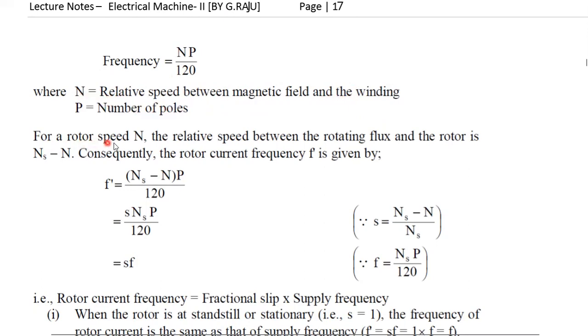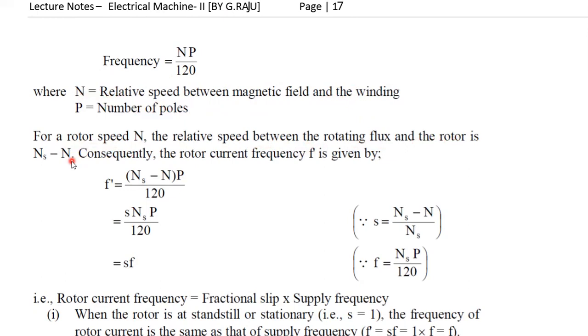For a rotor speed N, the relative speed between the rotating magnetic field and the rotor is Ns minus N. The rotor is rotating at a speed of N, and the stator rotating magnetic field is Ns.